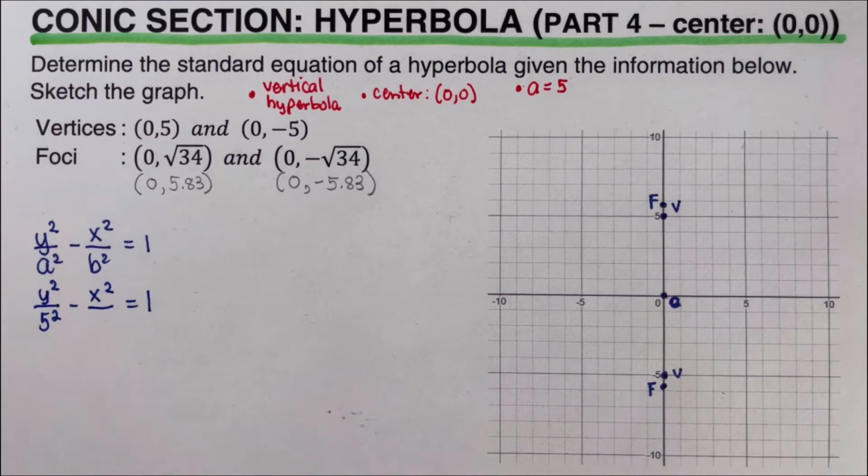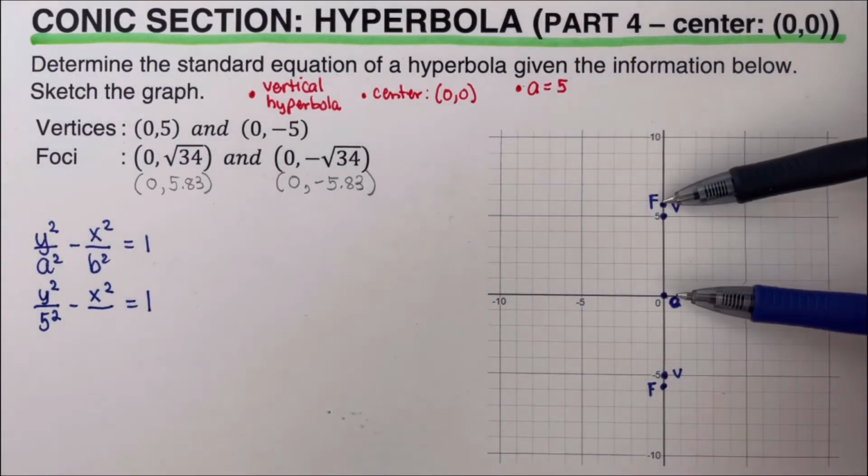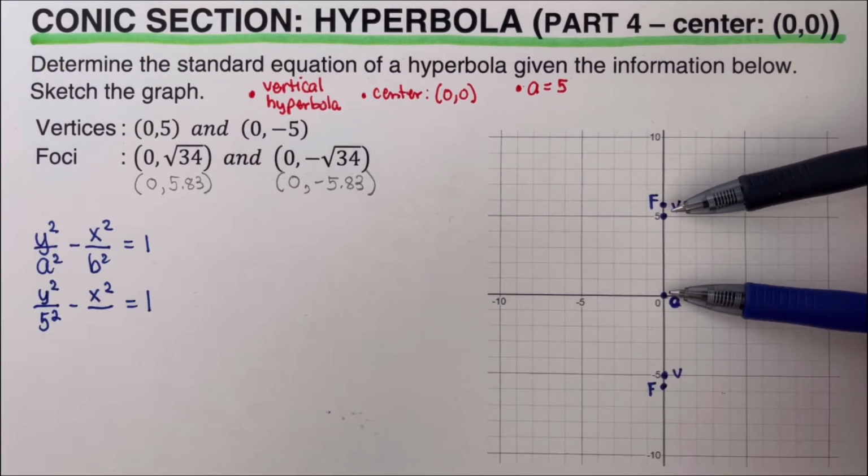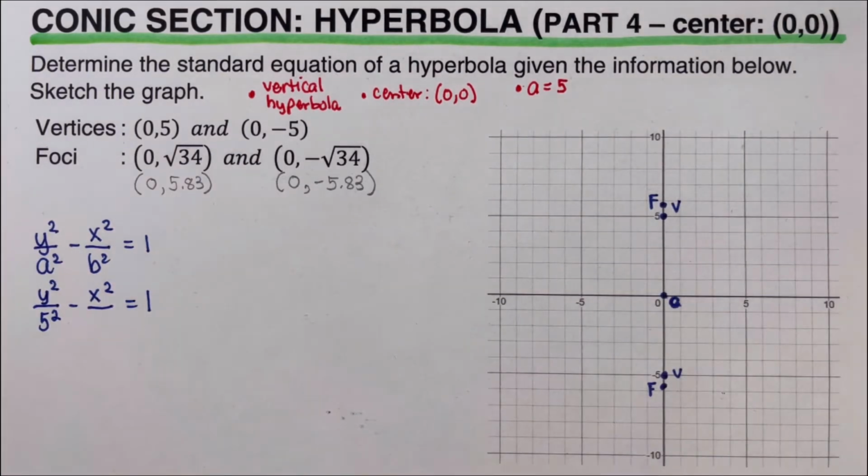Now, if you notice, I left the b squared blank because we don't have the b value. However, this value from the center to the focus is our c. So we can go ahead and use the equation c squared equals a squared plus b squared to determine the value of b squared. So I'm going to go ahead and write that work up here.